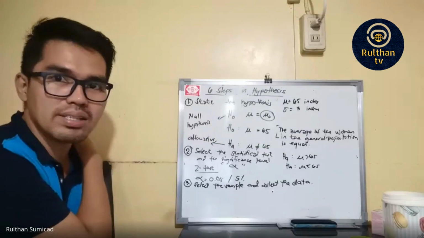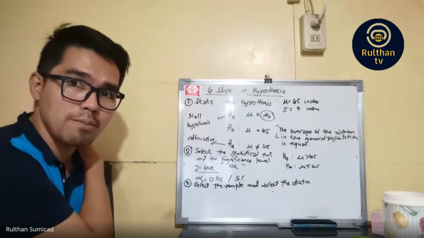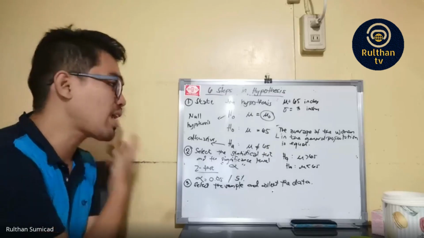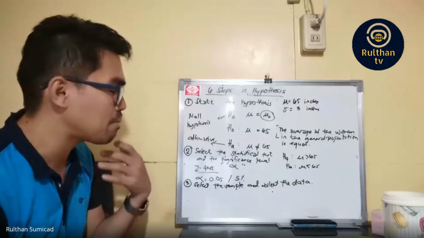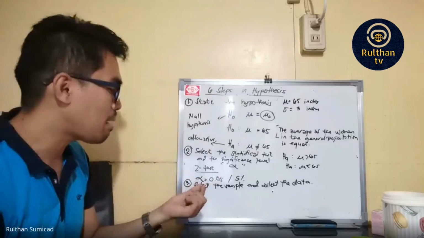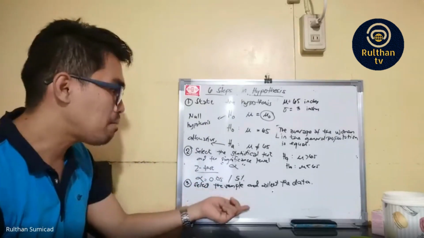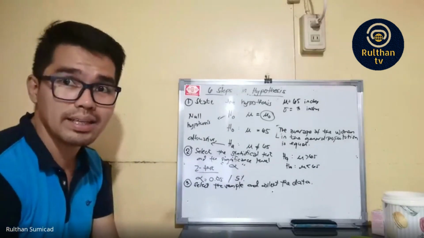But of course, the constraint is very obvious: it's impossible to do. So what Dr. Tonin can do is select a sample, and selecting the sample is already step three. Select the sample and then collect the data that is intended.